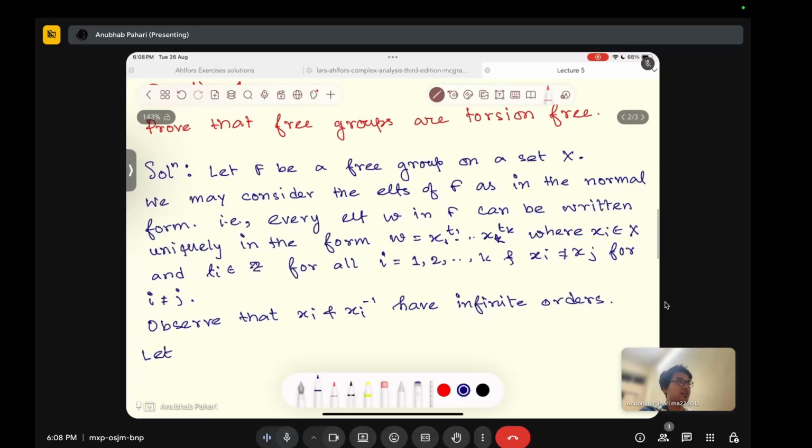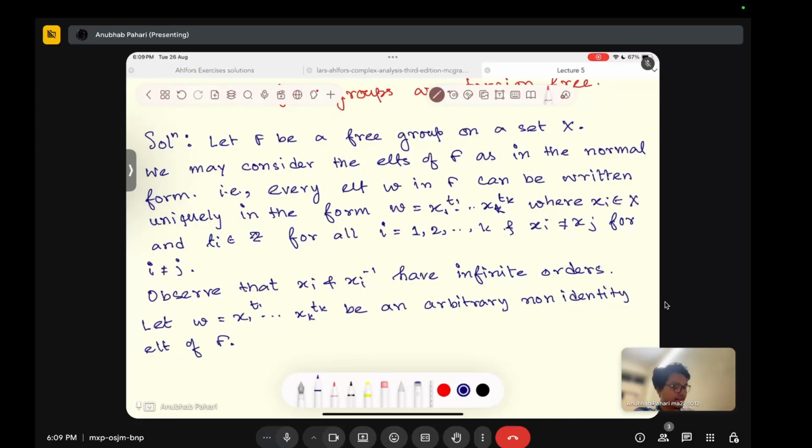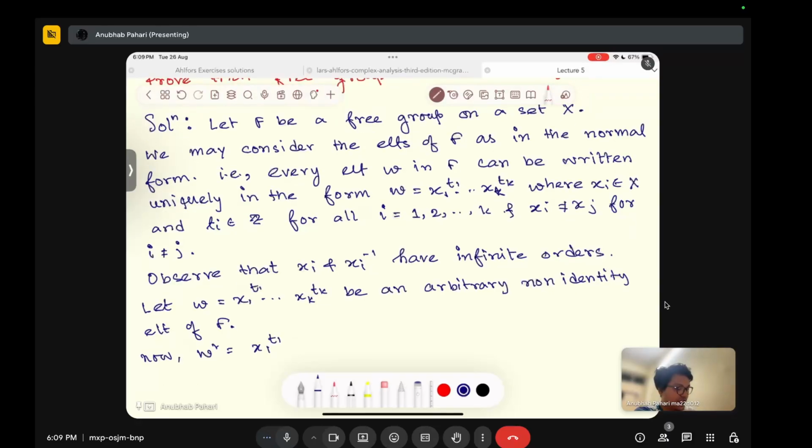Coming back to the proof, let w equals x1 to the power t1 up to xk to the power tk be an arbitrary non-identity element of F. Now w square should be x1 to the power t1 up to xk to the power tk, and again x1 to the power t1 up to xk to the power tk.